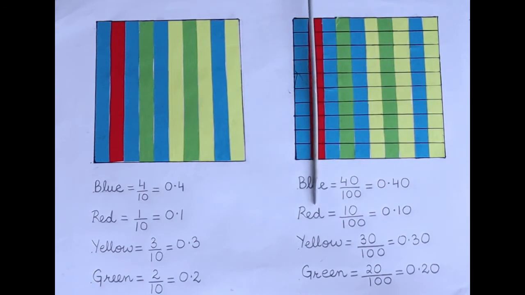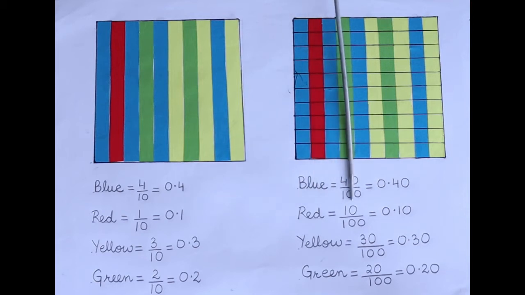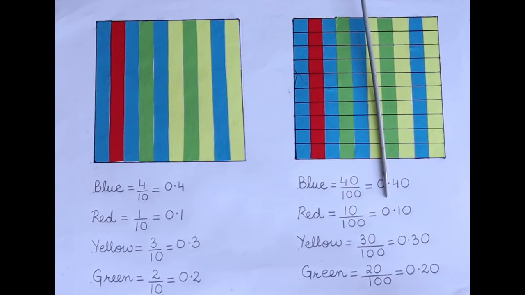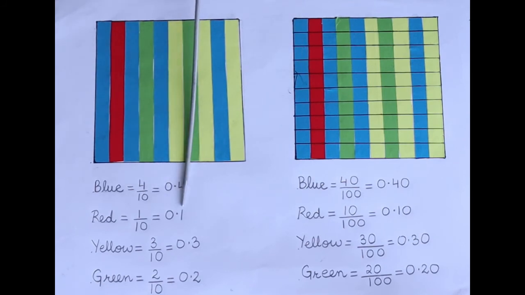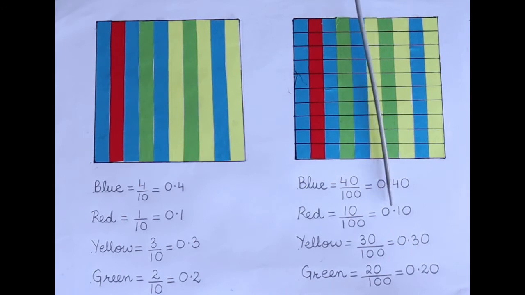So the fraction for red is 10 upon 100, and the decimal equivalent is 0.10. So children, this red and this red, the amount is same. So 0.1 is equal to 0.10.